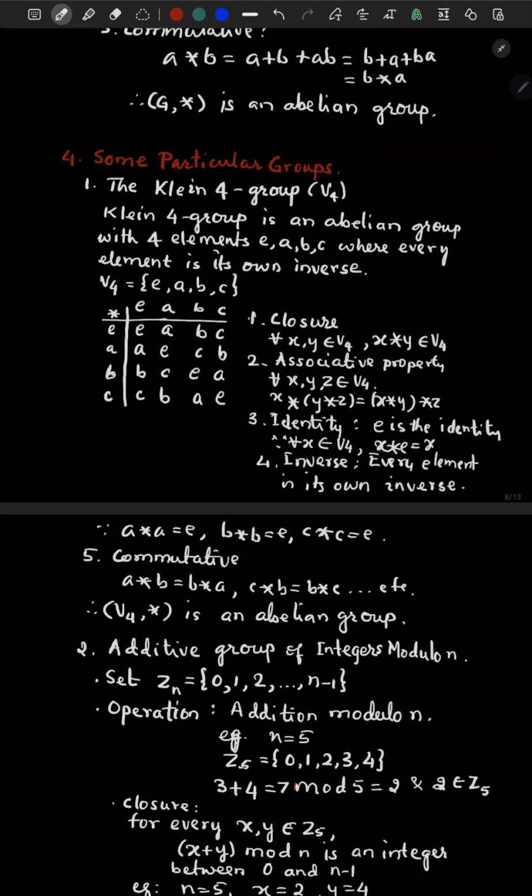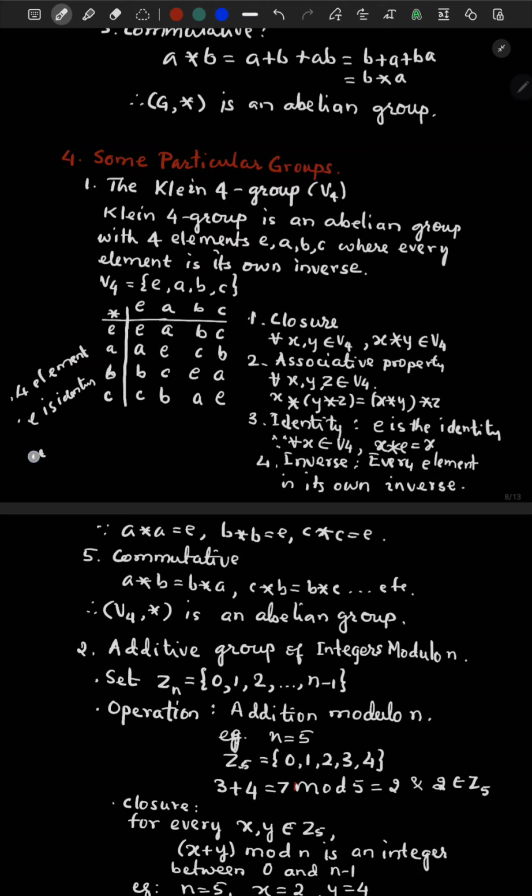So what is uniqueness about this Klein 4 group is E is identity. And there are 4 elements in this group. This is one property. E is the identity. Then every element is inverse of itself.